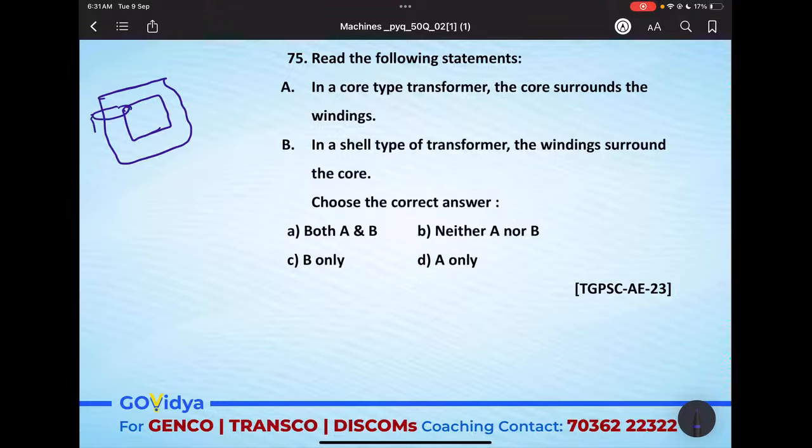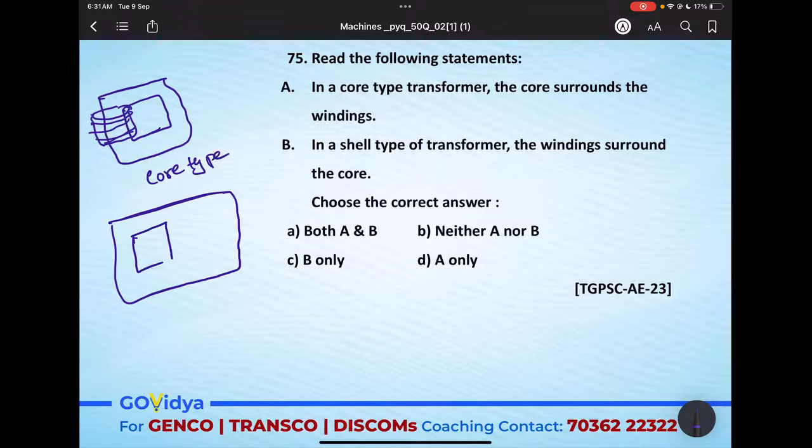This is core type transformer. This is shell type transformer.